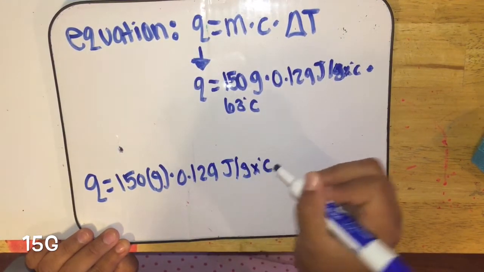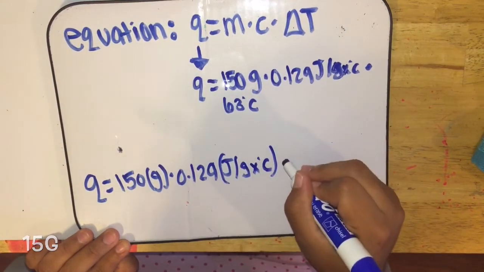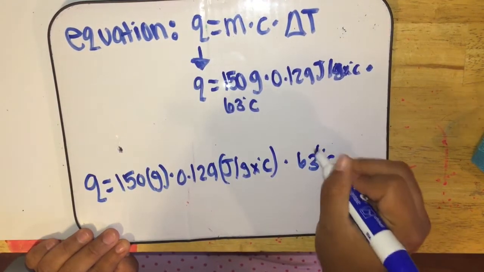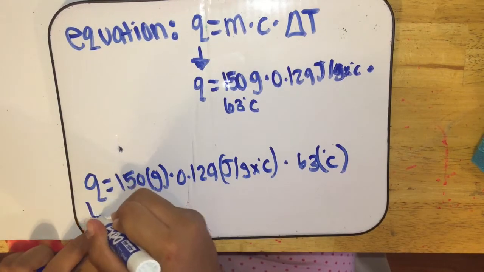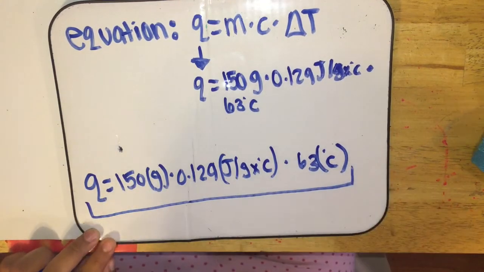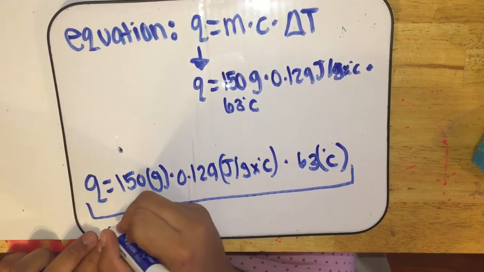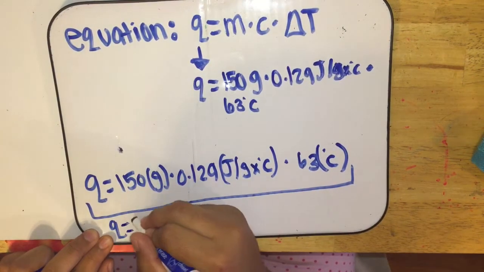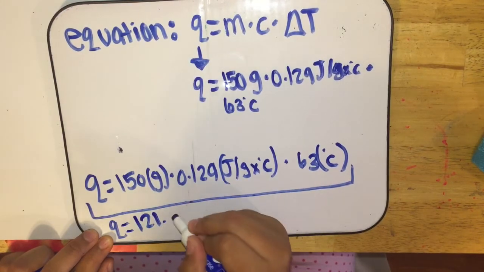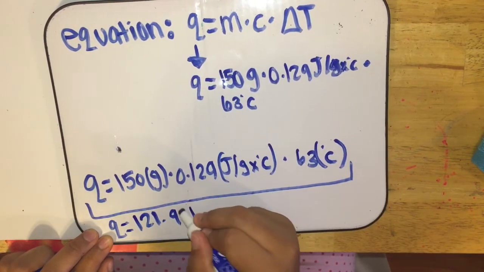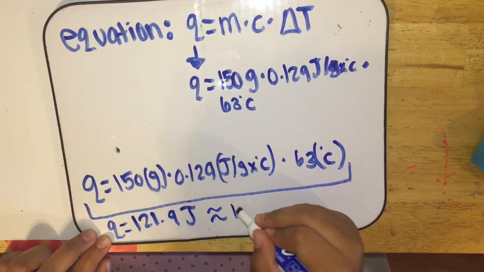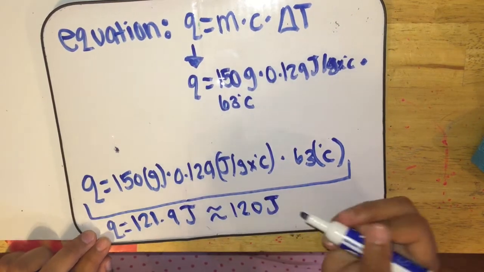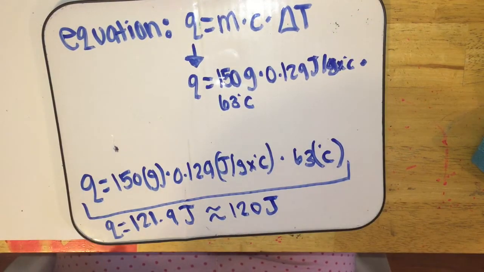Q equals 15 grams times 0.129 times 63 Celsius. When we times all of this, Q equals 121.9 joules. The final unit is joules because we are trying to find the amount of joules.